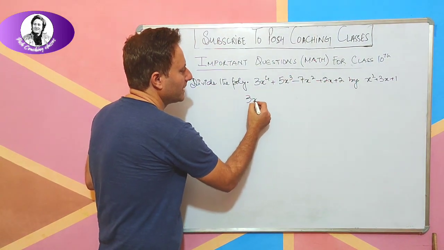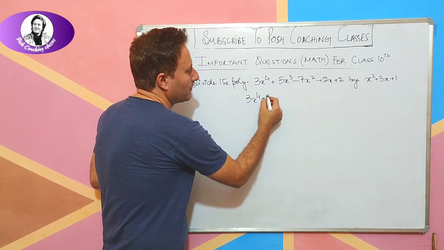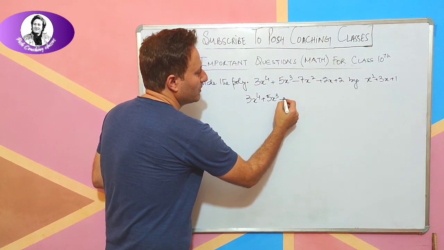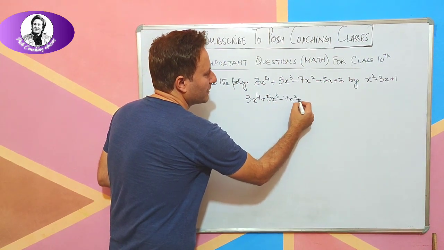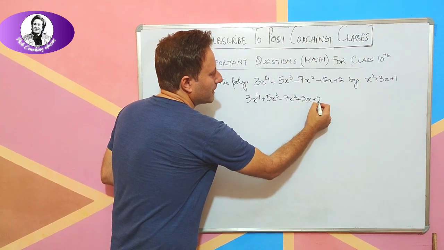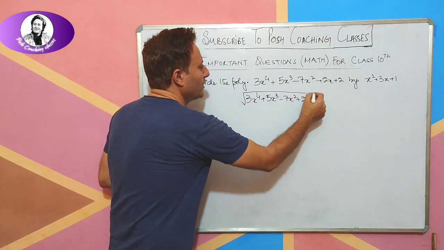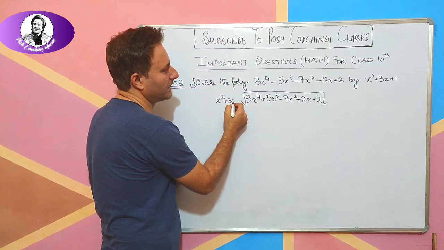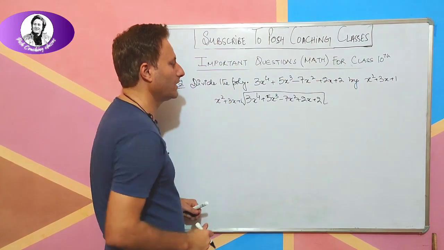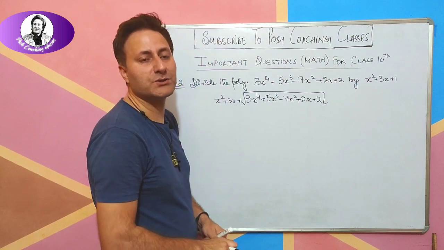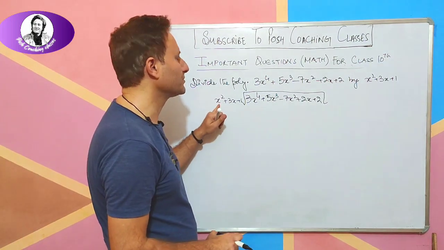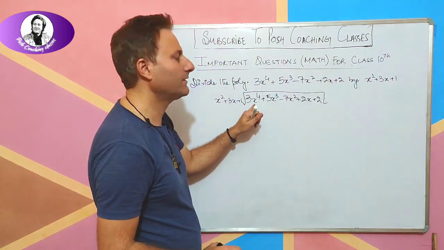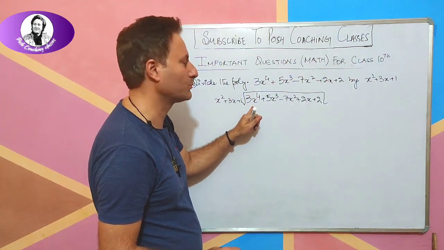It's 3x raised power 4 plus 5x cubed minus 7x squared plus 2x plus 2. We need to divide the whole polynomial by 3x plus 1. The procedure is you need to concentrate on the first term, and here also you need to concentrate on the first term.